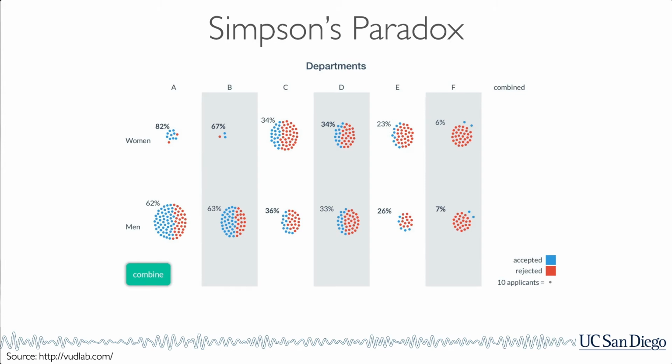And what you can see is that in some cases, the proportion in each department looks very much the same. These are cases where there's pretty much the same proportion, the same percentage of female applicants getting allowed in.